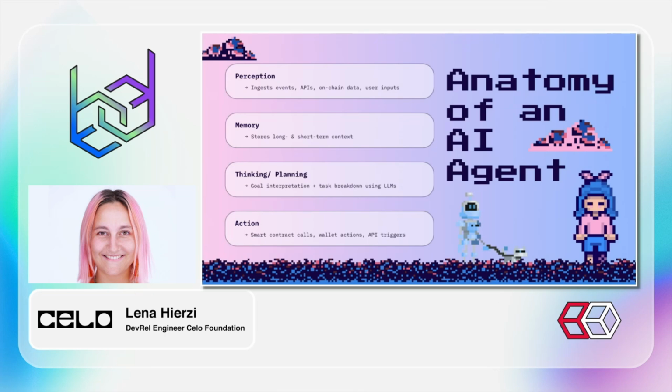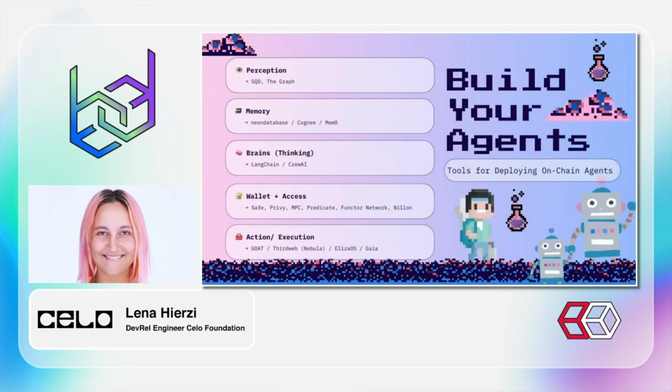The thinking, analyzing, and planning happens in our thinking layer, where we define goals and break down our tasks using LLMs. Then the last layer is the action layer, the execution layer, where our agent actually starts interacting on chain, calling APIs, and we also count into that all our wallet actions and key management.